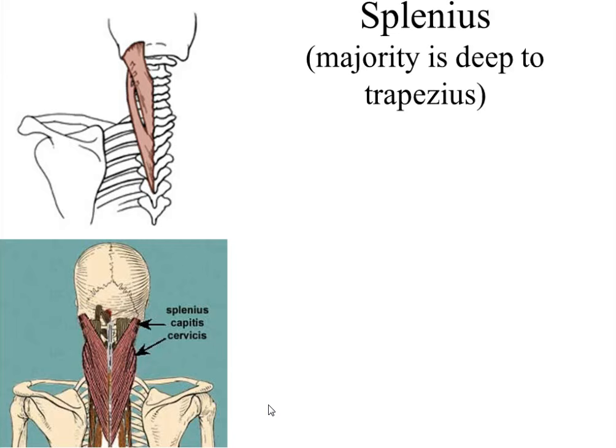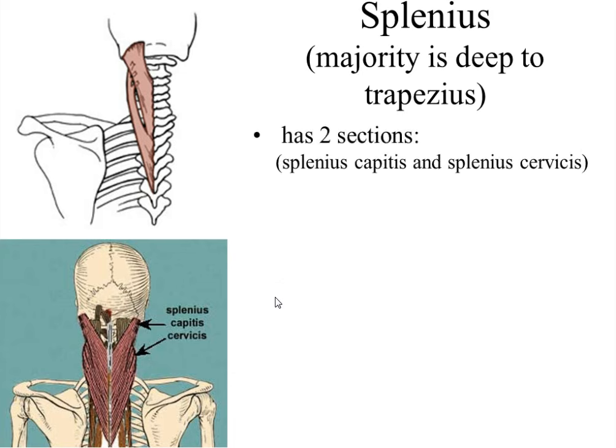And the final muscle is called the splenius, and actually the splenius is really 2 different muscles. We've got a splenius capitis, which attaches to the occipital bone, and then a splenius cervicis, which attaches to the transverse processes of the first couple of cervical vertebrae. But in reality, we can just refer to this as splenius, and you can see them down here as well.